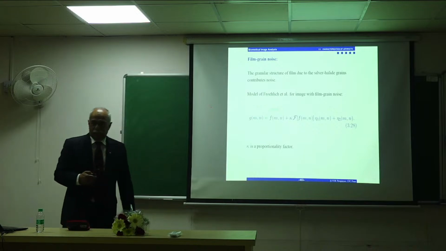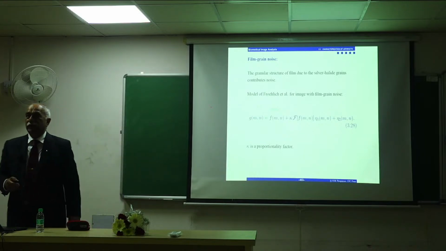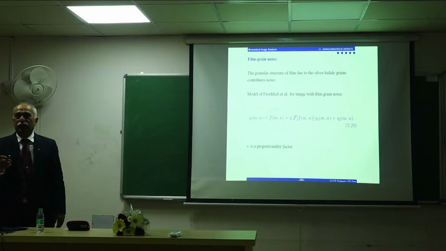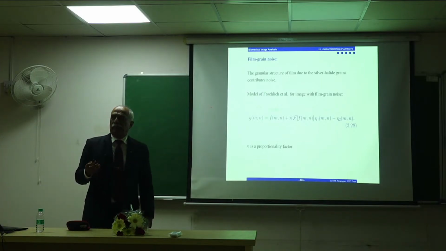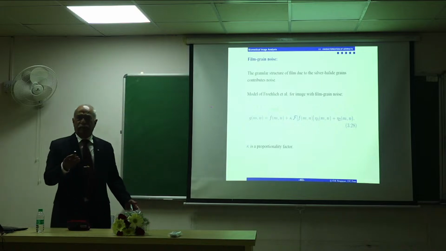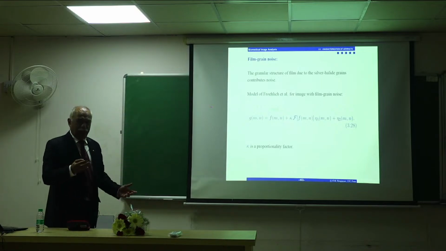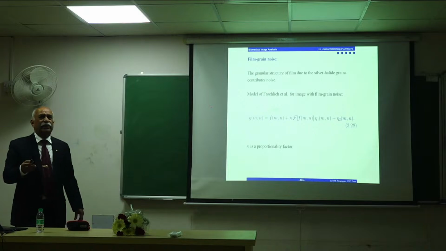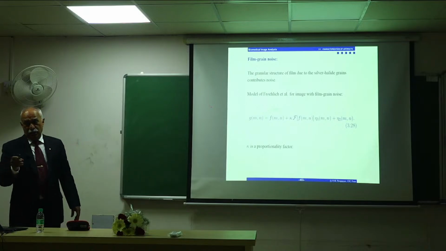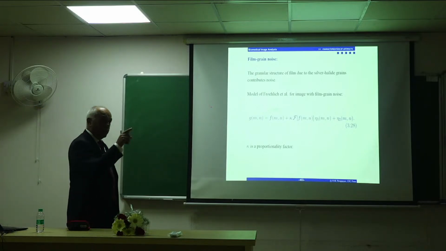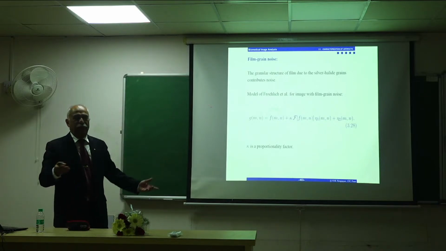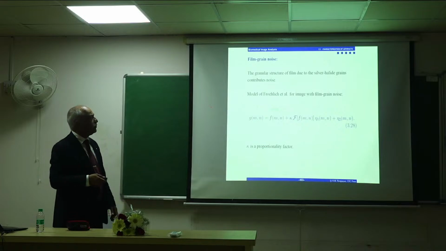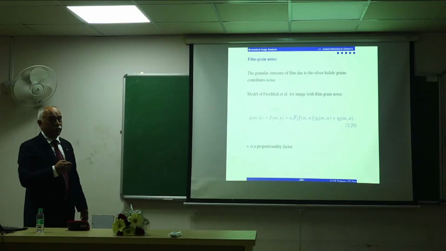Film grain noise is often encountered not only in medical applications but other applications in aerial photogrammetry and so on, where film used to be used. Nowadays, most of it is digital, but there are still some high-resolution imaging applications where film could be used. And when you scan film to high resolution using some imaging device, laser or CCD, you encounter film grain noise.